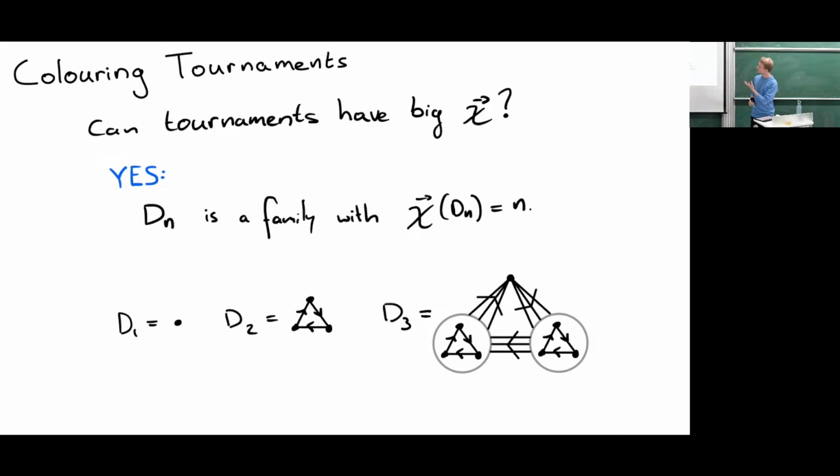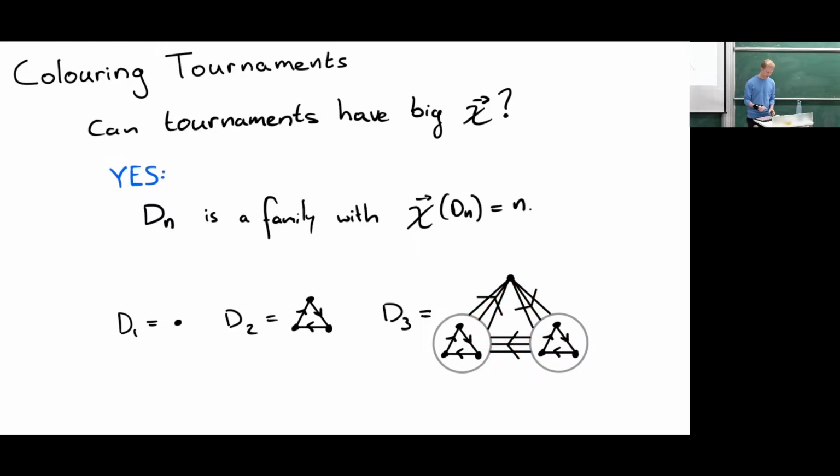And then the third entry in this family is constructed in a cyclic manner, where we take two directed three-cycles, make one of them out-complete to the other, so we add all possible edges in one direction, and then we add one more vertex, and also make this out-complete to one directed triangle and in-complete from the other, with the idea being that we create a bunch of directed triangles.